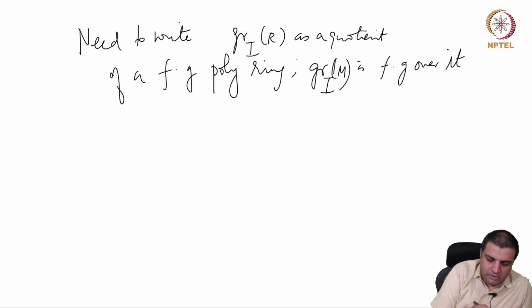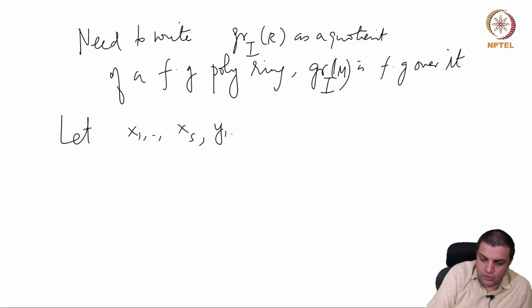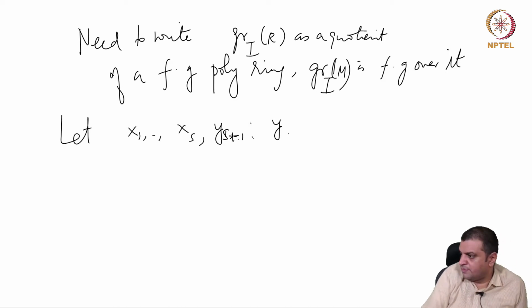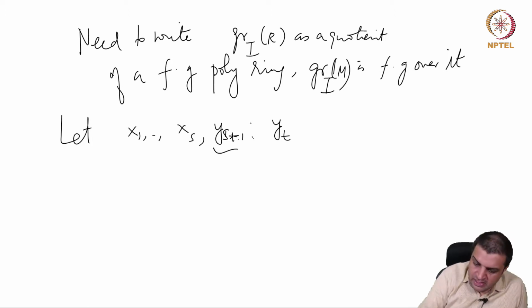So we'll choose the following. Let x1 through xs be kept, and then we choose y(s+1) through yt from the annihilator.